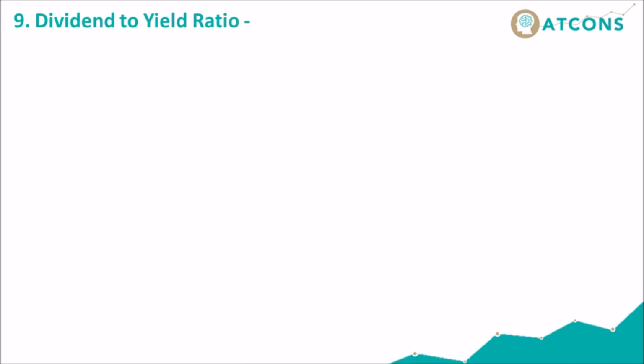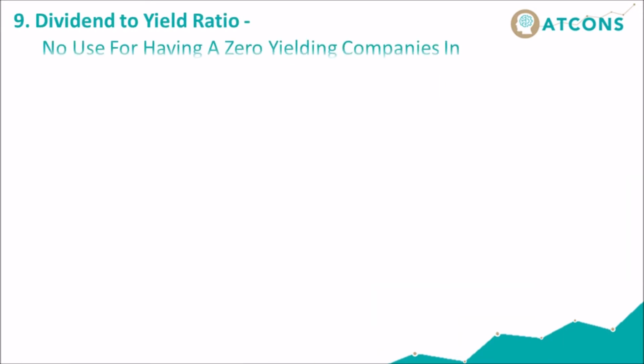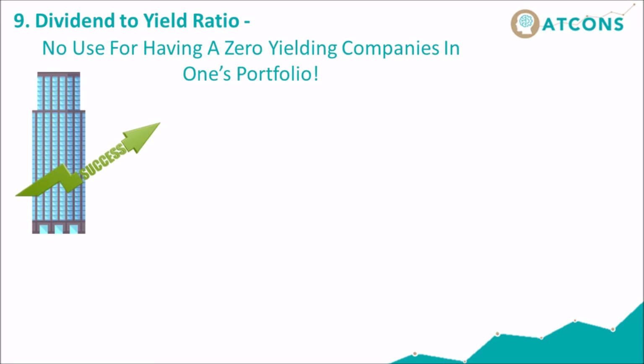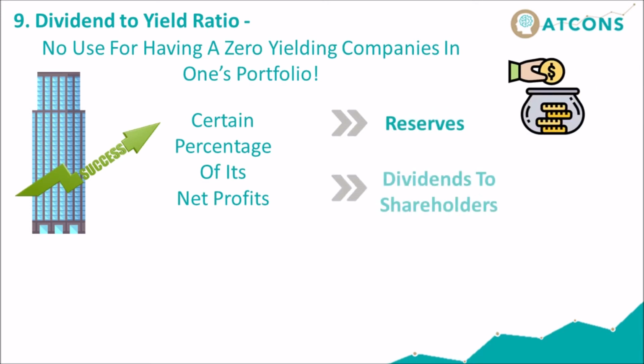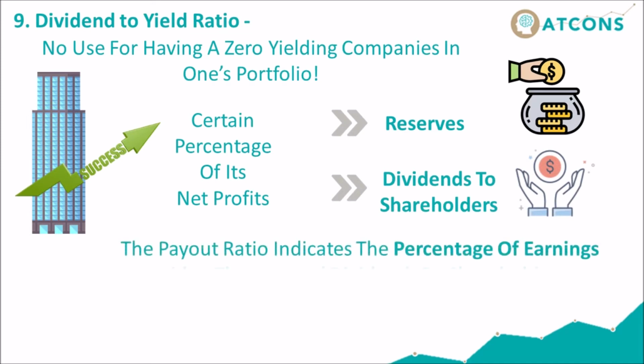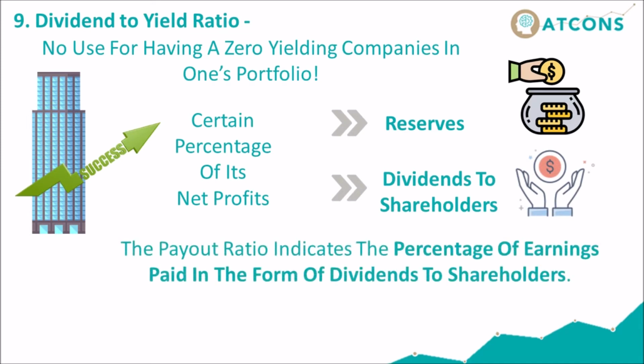Dividend to yield ratio. There is no use for having zero yielding companies in one's portfolio. A profit-making company transfers a certain percentage of its net profits to reserves while the balance is paid out as dividends to shareholders. The payout ratio indicates the percentage of earnings paid in the form of dividends to shareholders.